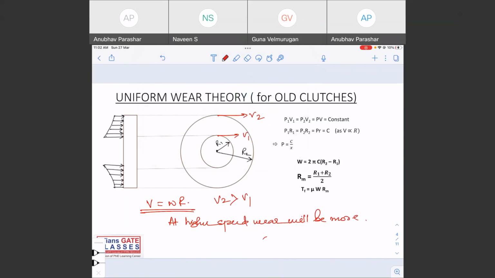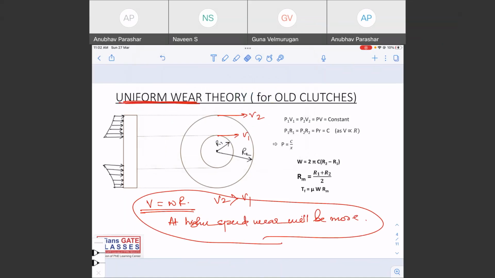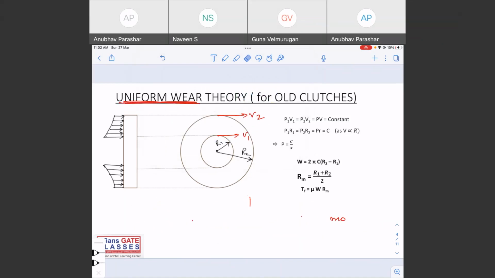But what I am doing is assuming uniform wear. So how is that possible? That is only possible if the pressure at the outer radius is less and the pressure at the inner radius is more. Why it is assumed like this, we'll not go into those details for now.